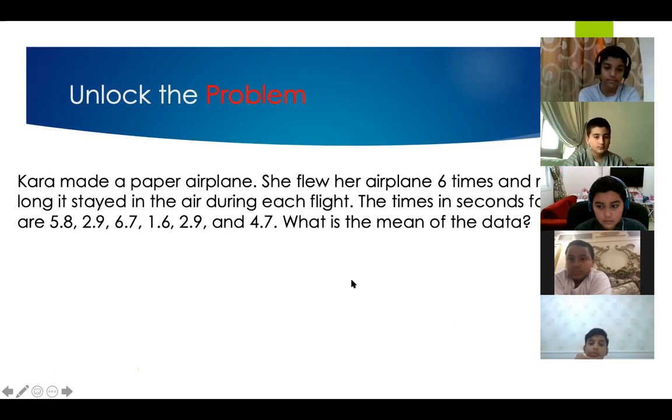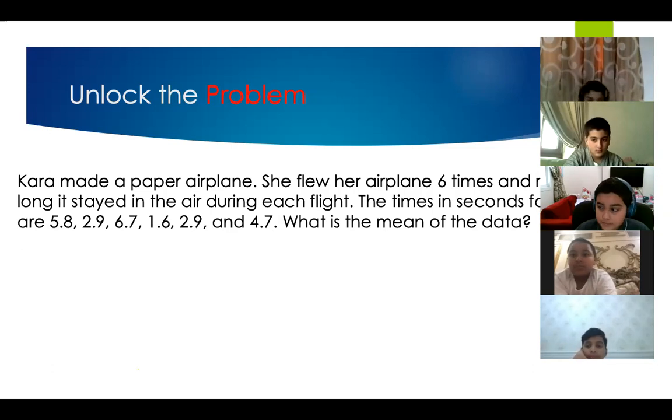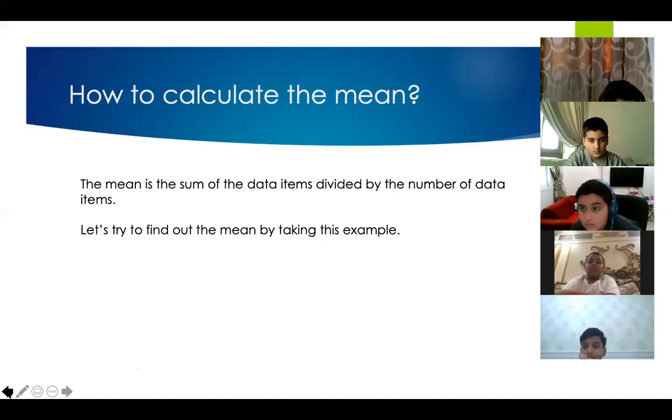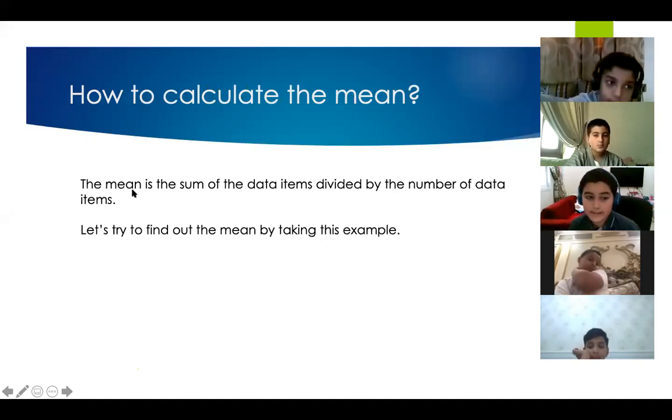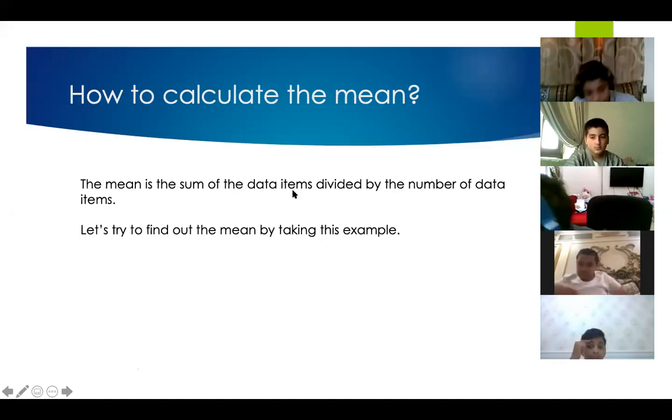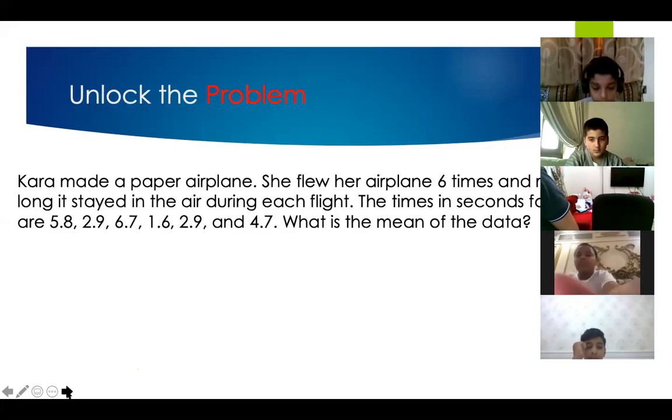Okay, so what do we have here? We have the number of times Sarah flew her airplane, right? We have a set of values. If we look back, Badr, at this definition, the mean is the sum of the data items. Can you tell me what is the sum of the data items in this problem?